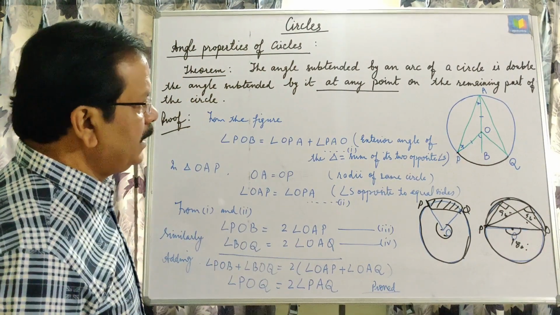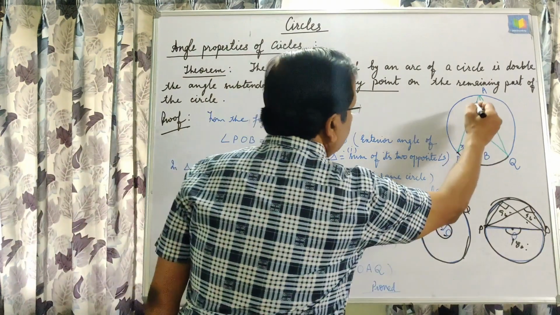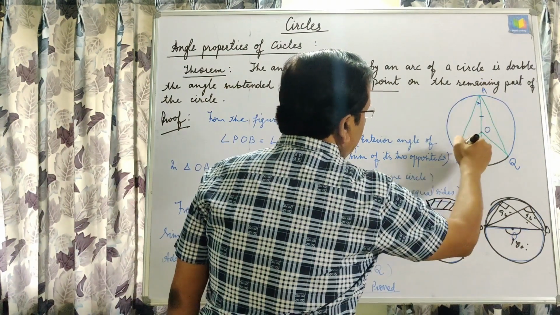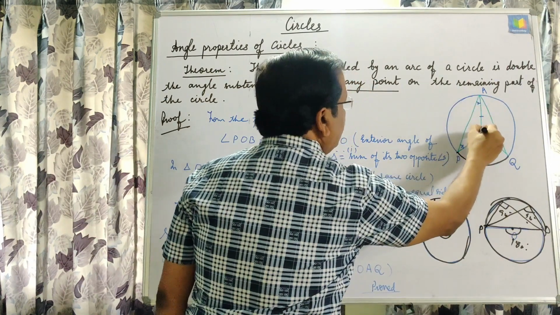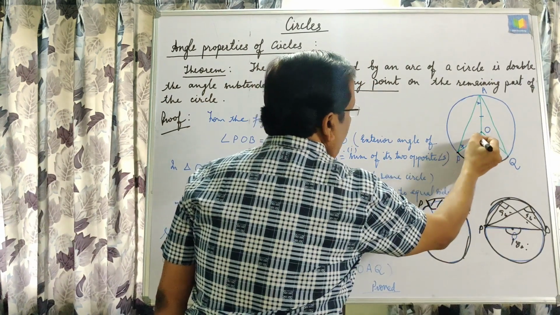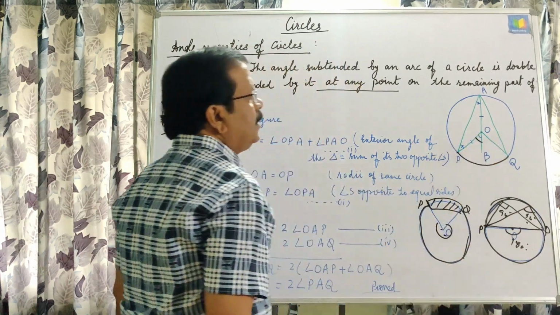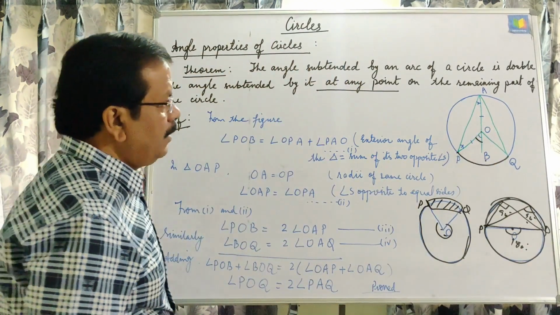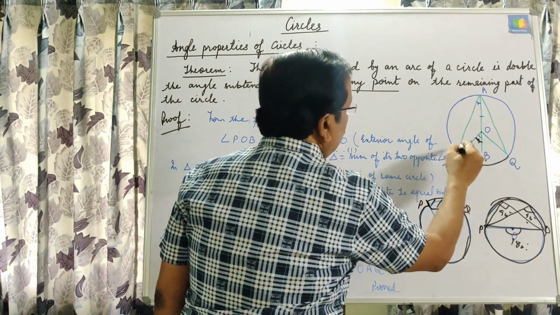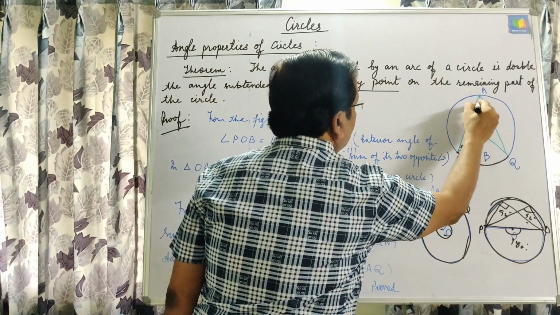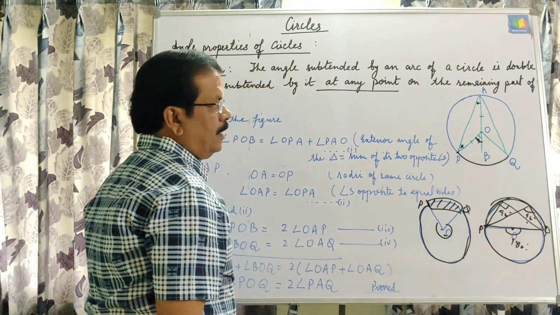The proof is very easy. You can see this is the triangle APO. In this triangle, if we produce this side AO to B, then this angle is the exterior angle, and we know the property of a triangle, this exterior angle will be equal to the sum of the two opposite interior angles.